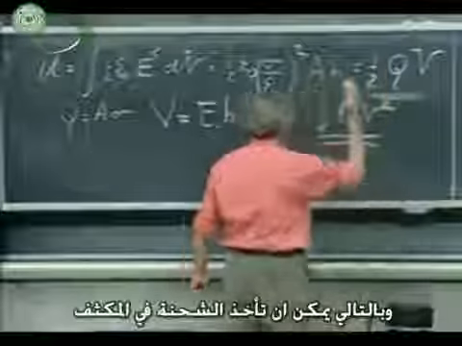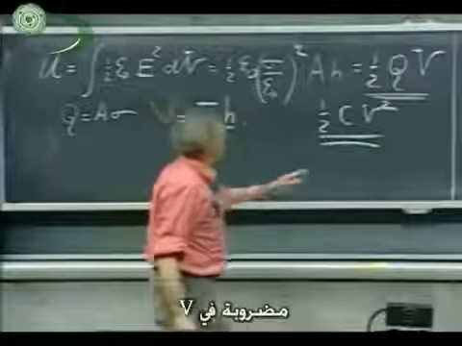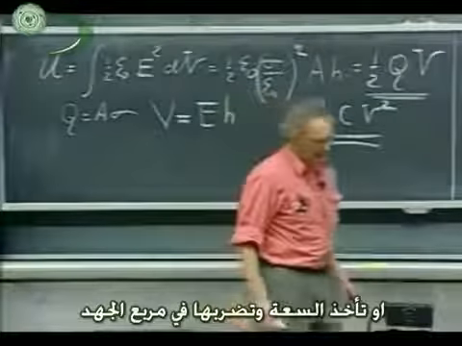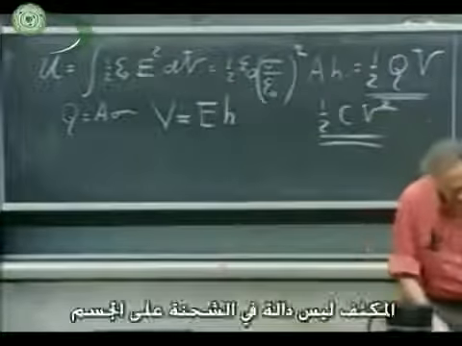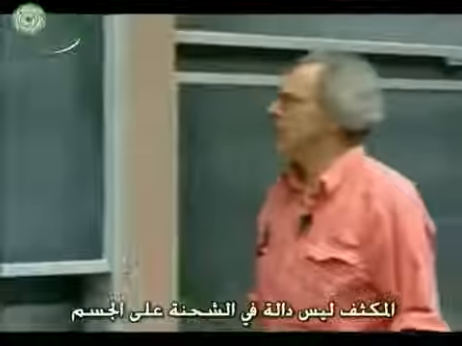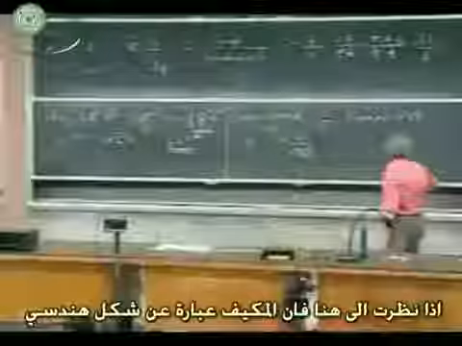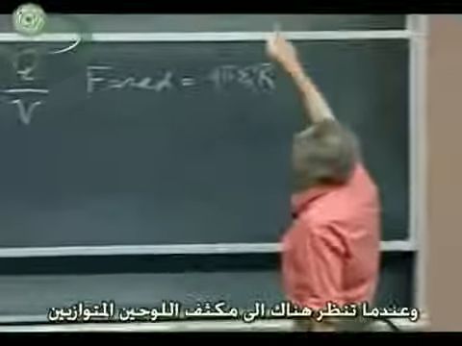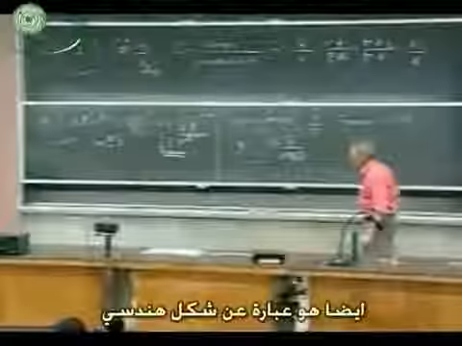So either you take the charge on the capacitor multiplied by V, or you take the capacitance multiplied by V squared. The capacitance is never a function of the charge that is on the object. Here, if you look here, the capacitance is only a matter of geometry. And when you look there, the plate capacitor, it's only a matter of geometry.